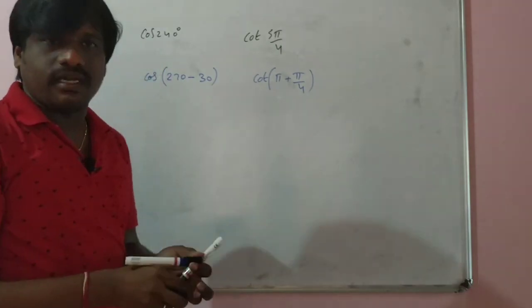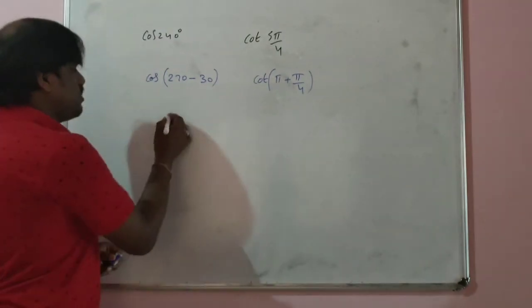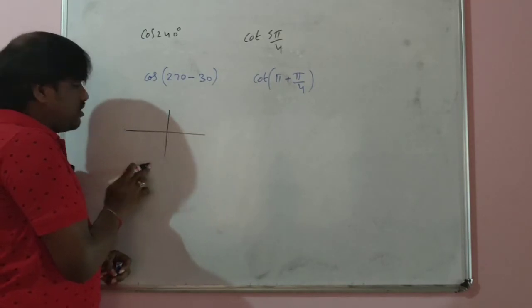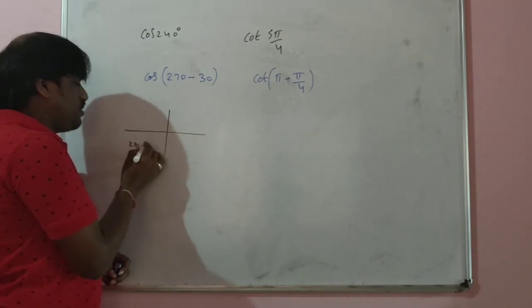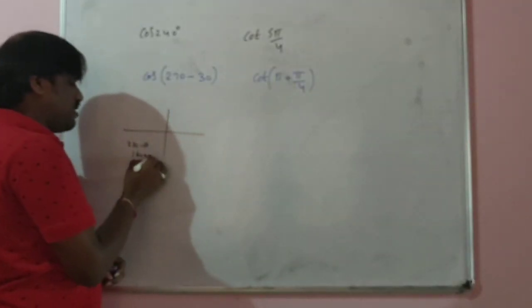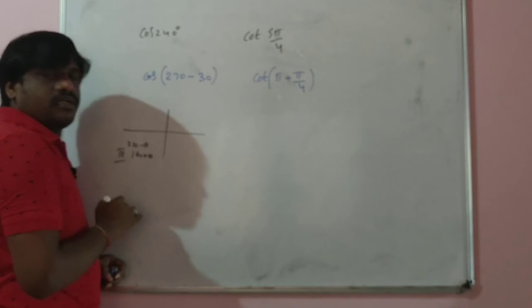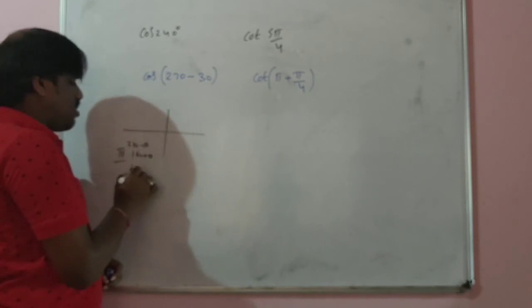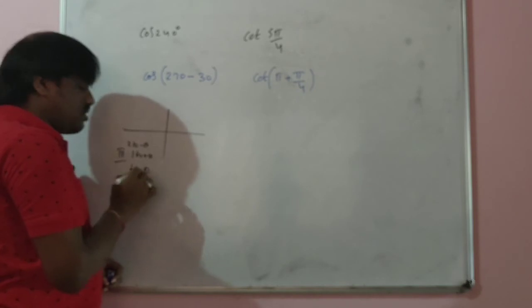Now, which quadrant is this in? 270 minus theta, and 180 plus theta, this shows the third quadrant. In the third quadrant, all tan and cot are positive, the rest are negative.